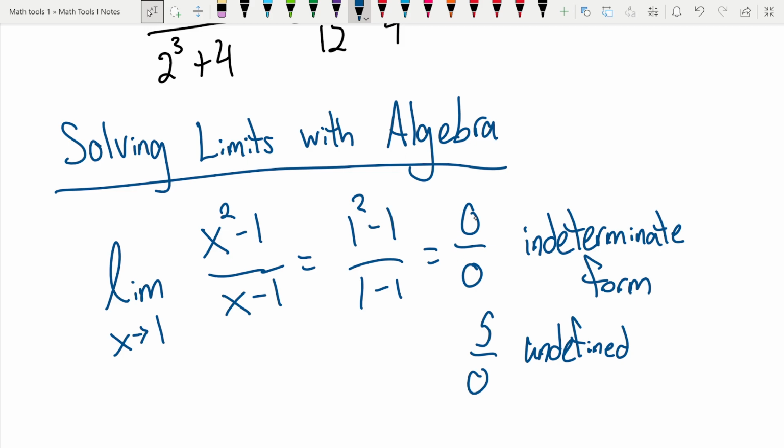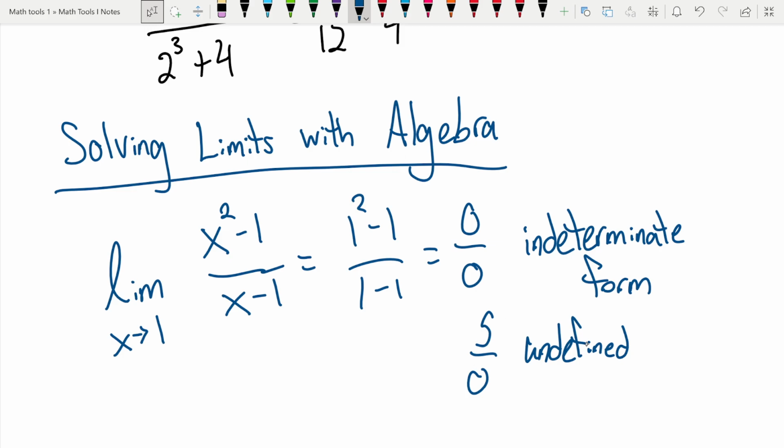In an indeterminate form, this is usually a clue that we can do some kind of algebra, maybe some cancellation or manipulation, where we'll be able to actually get an answer for the limit via direct substitution.